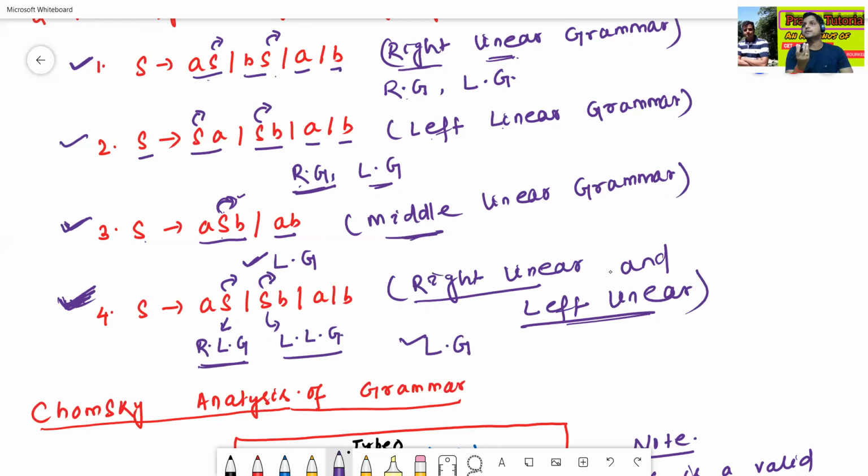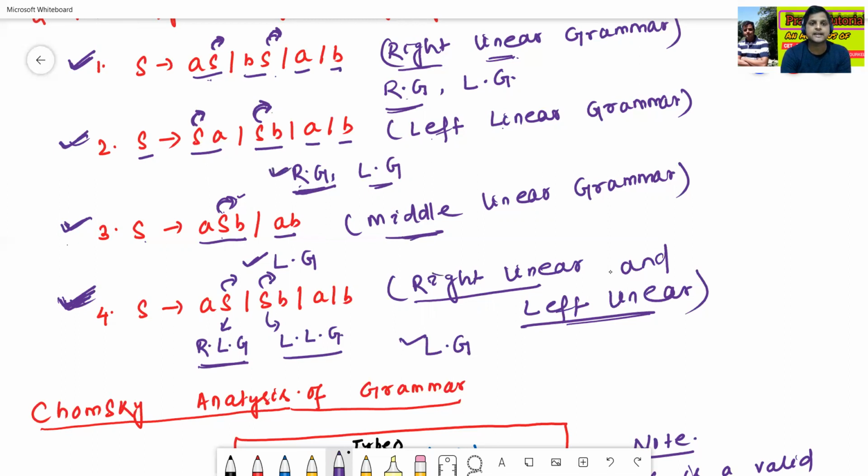It cannot contain right linear and left linear at a time. Here in the first question, it contains only right linear, so it is called regular grammar. In the second case, it contains only left linear, so it is regular grammar.